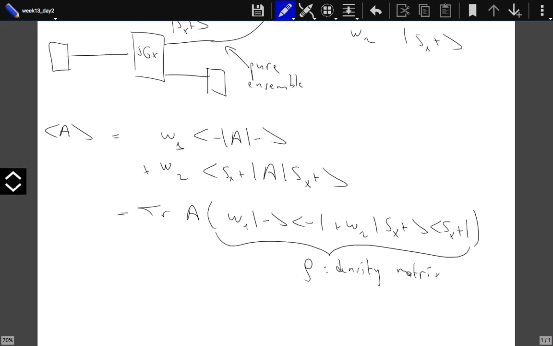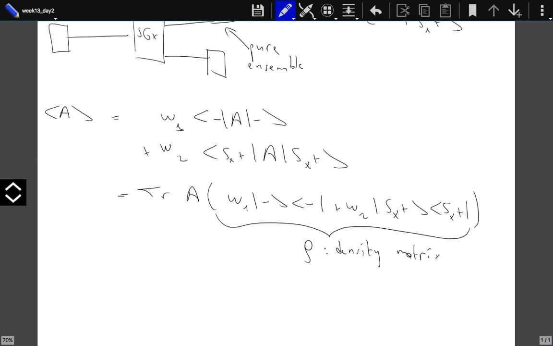The nice thing about this density matrix is that it is independent of A. So no matter which observation I make, if I know rho, I can calculate the average I will obtain out of that observation.